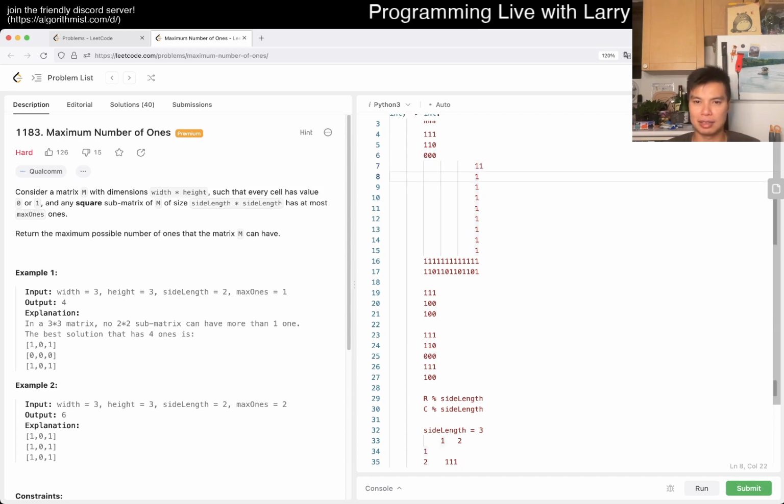How does this look? This is 1 1 0 1 1 0. Is that true? Did I mess this up? Something feels a little bit off for 5. I think I messed this up. The last, this is also 1 1 0, I think.